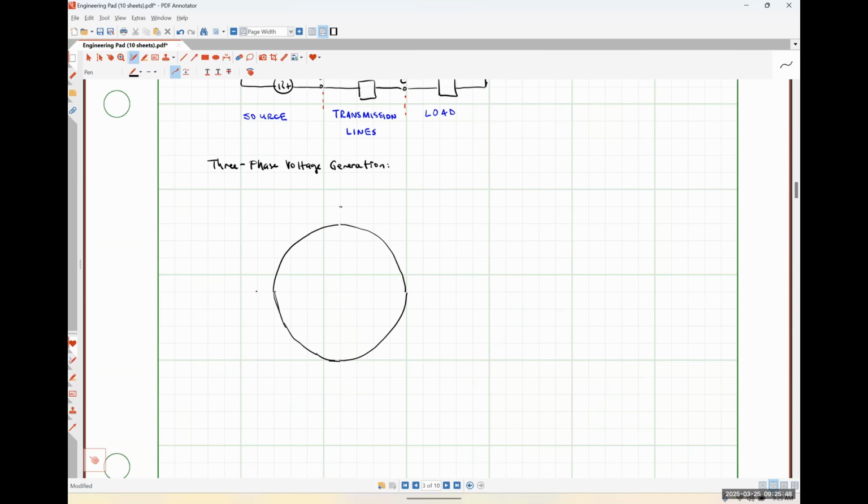And now I need to put another one around it. So this is our stator. And this is the stationary part of a rotating electric machine.